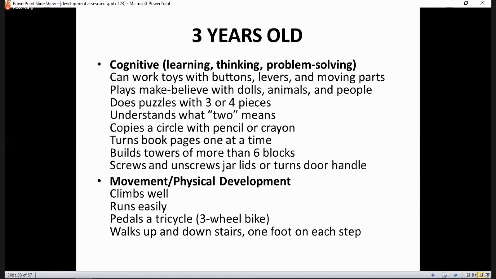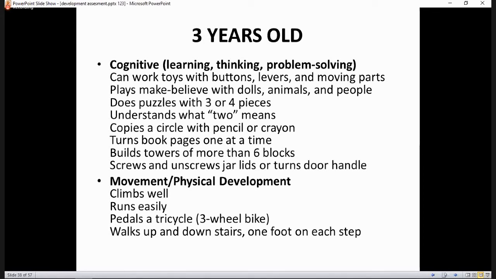In cognition, can work toys with buttons, levers, moving parts. Does a puzzle with 3 to 4 pieces. Understands two-word meanings. Copies a circle with pencil or crayons. Turns book pages one at a time, and can build a tower of 6 blocks.